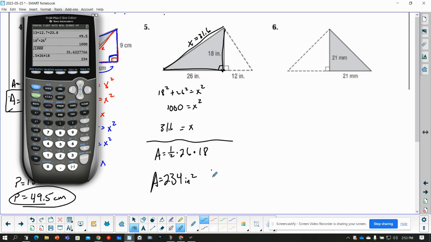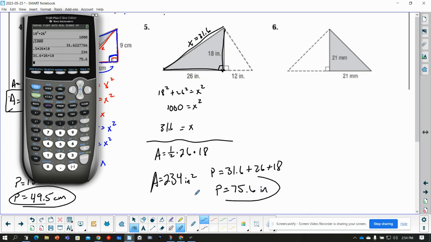The perimeter is 31.6 plus 26 plus 18, which is 75.6. So the perimeter is 75.6, and that would be in inches. So there's the perimeter, there's the area.